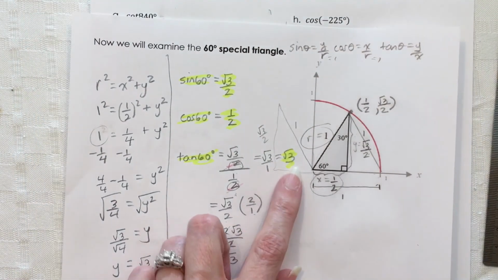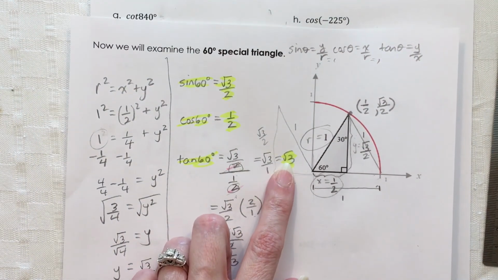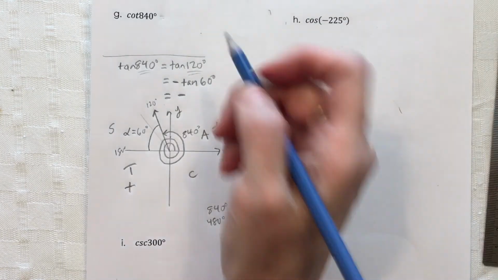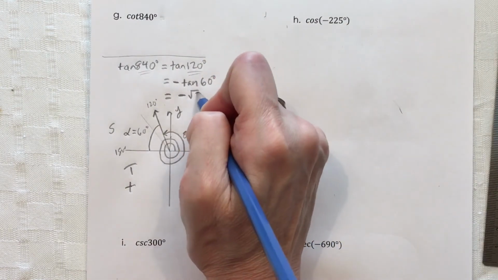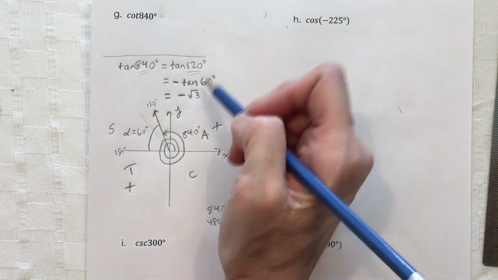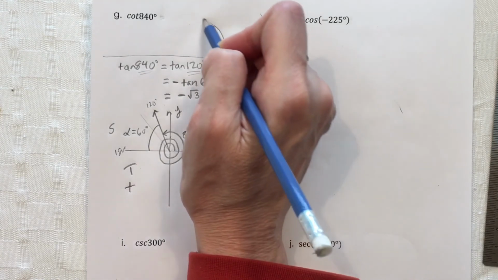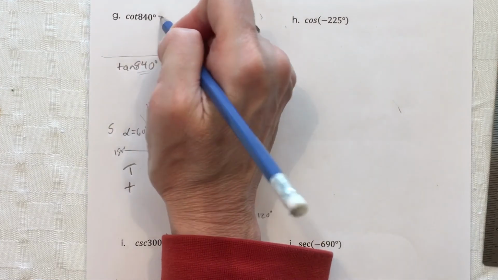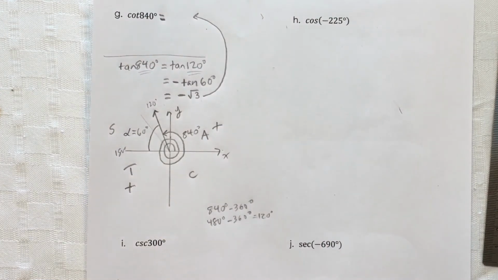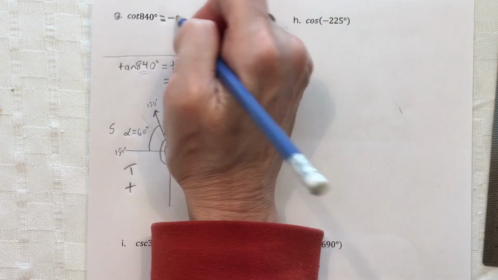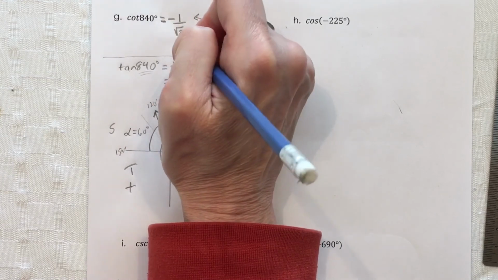It ended up being √3. So negative root 3 is the tangent of 840. But now we know we have to flip that upside down to get the cotangent of 840. So the cotangent of 840 is going to be negative 1 over root 3.